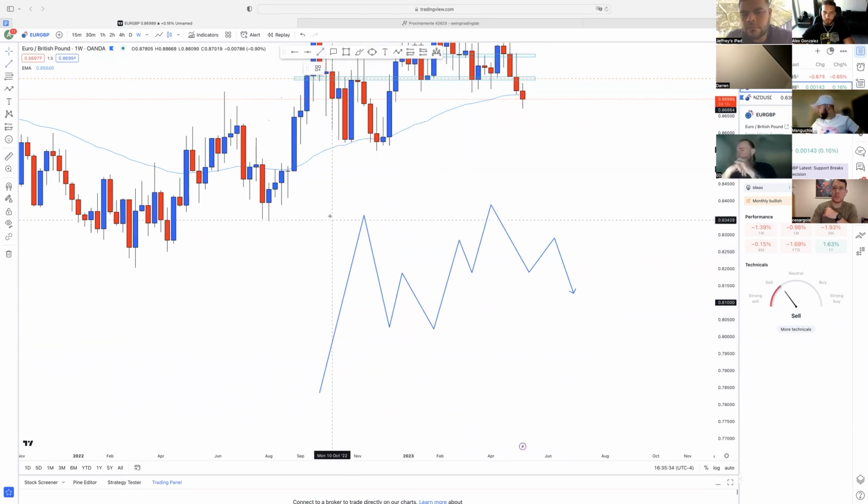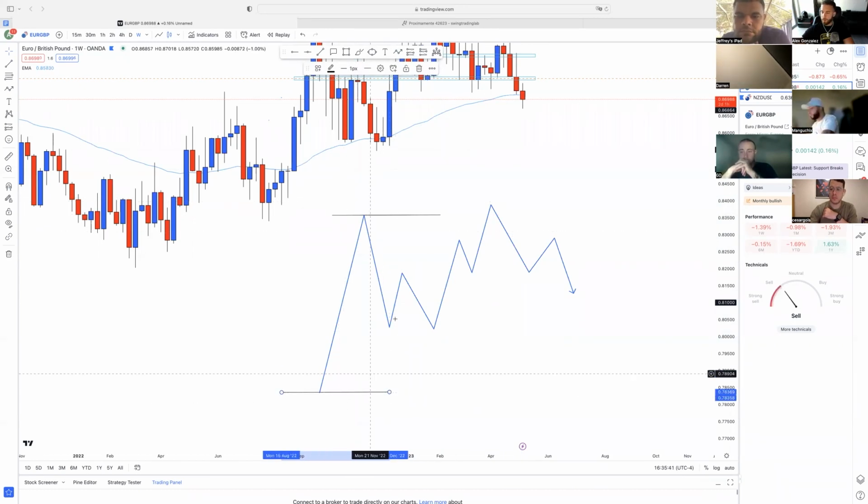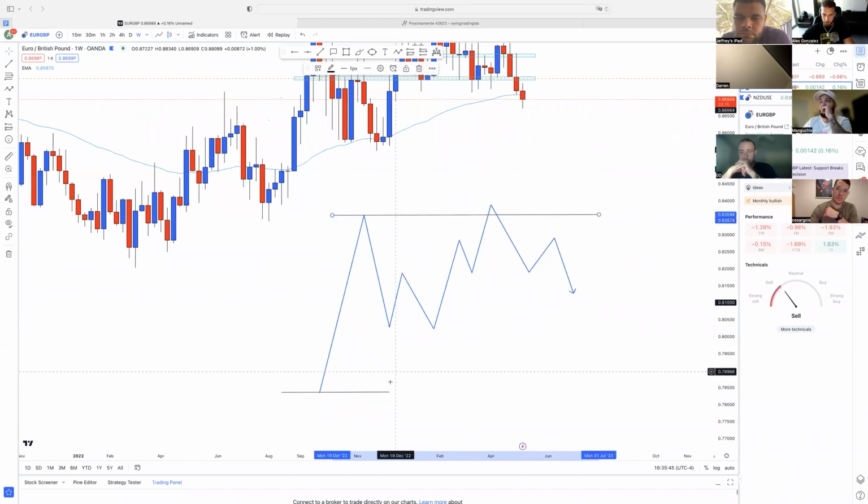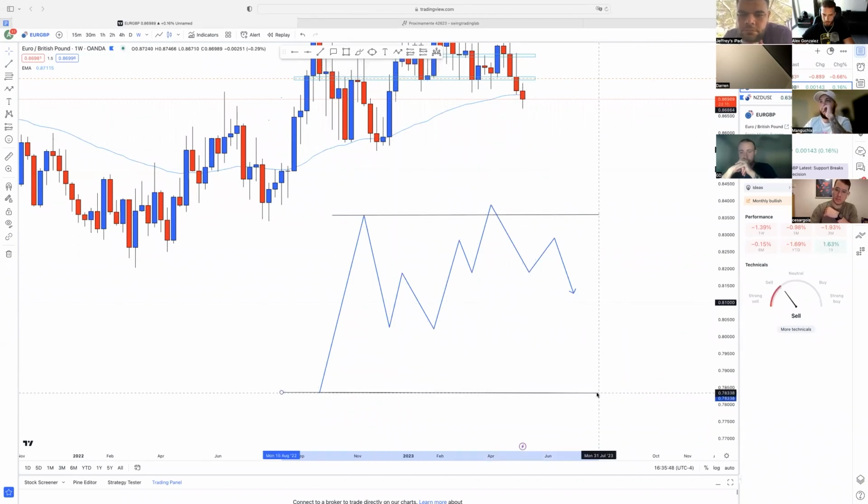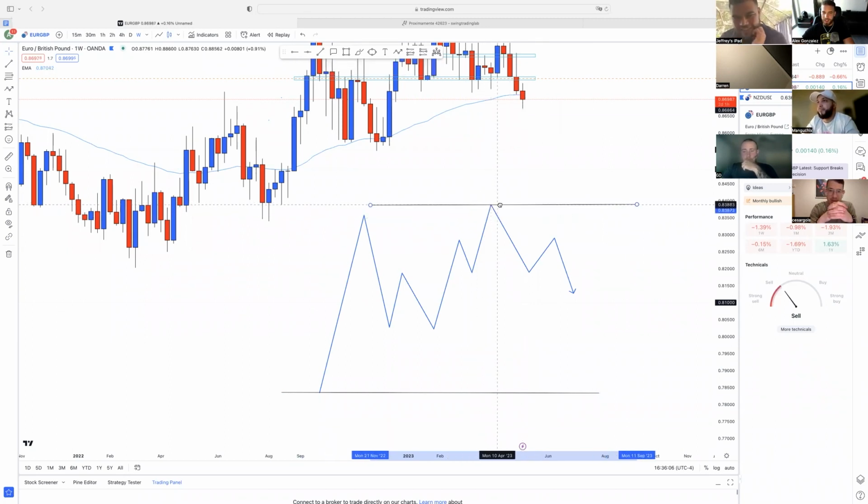Perfect. So we're going to start off with this point right here, and then this point right here. We know this is the higher low and this is the higher high. So the moment we break above or under these lines, we then shift. Clearly, we broke here. So what does this point here turn into? Exactly, this is the higher high.